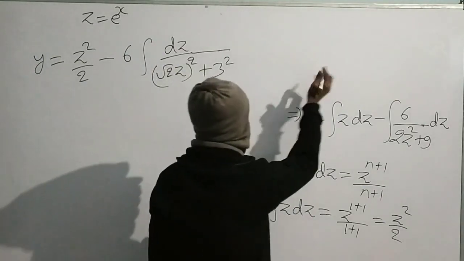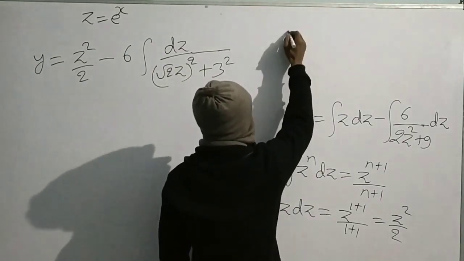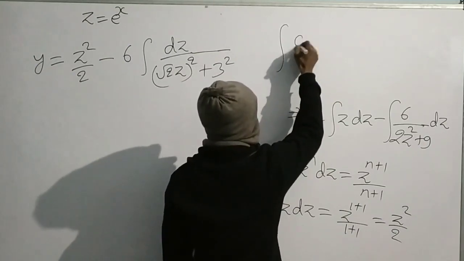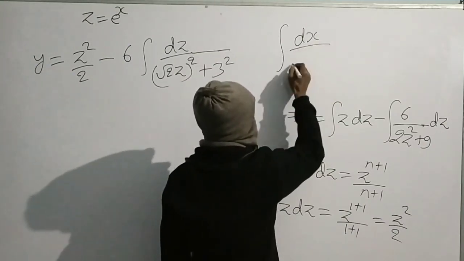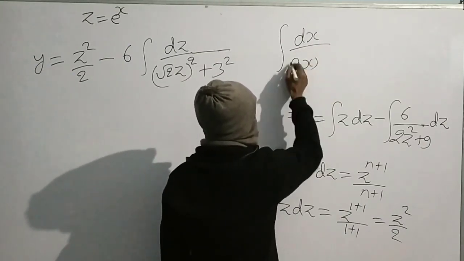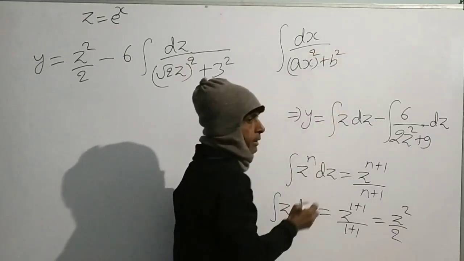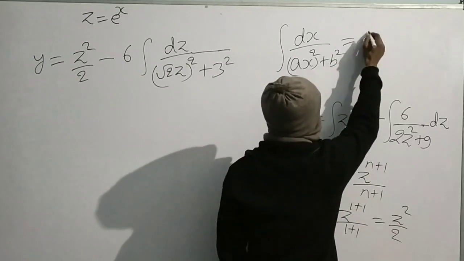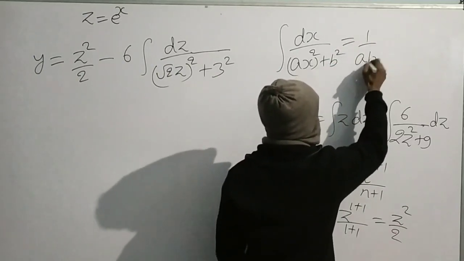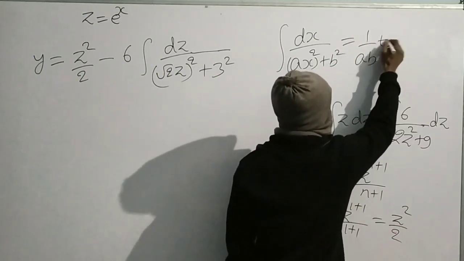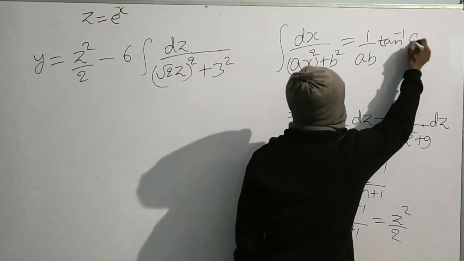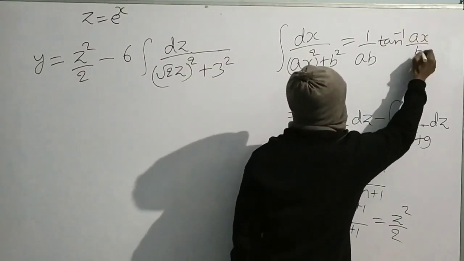Now, there is a formula that integration of dx by ax square plus b square is equal to 1 by ab tan inverse ax by b.